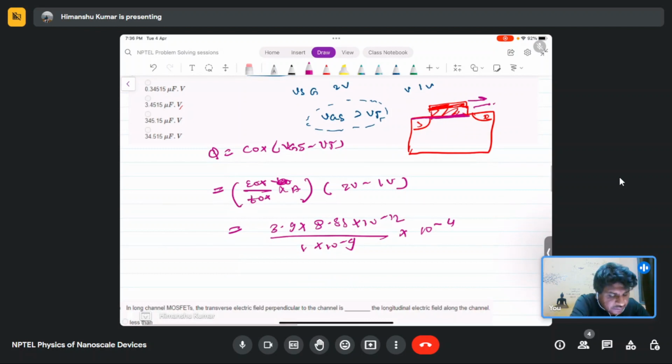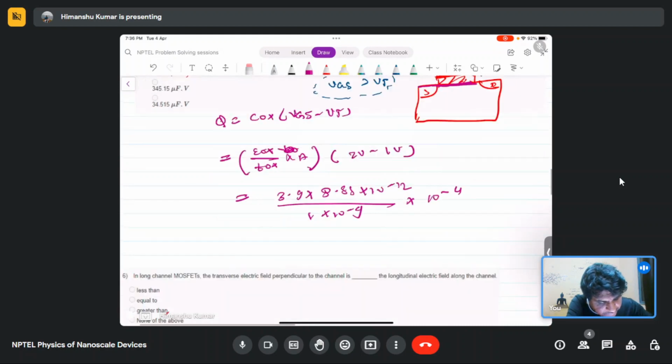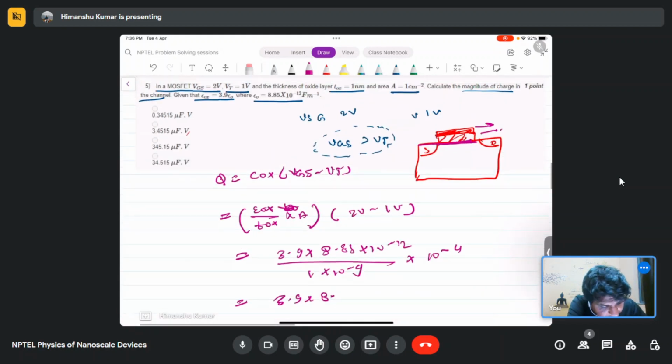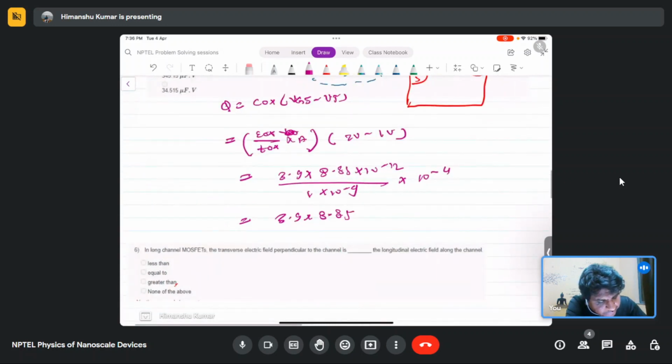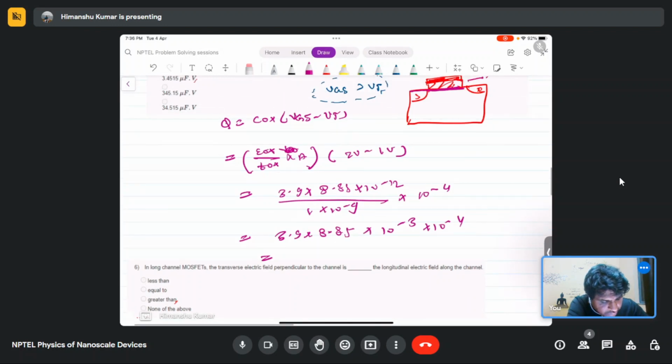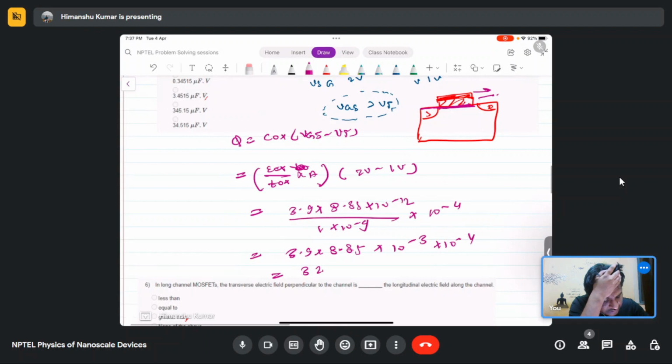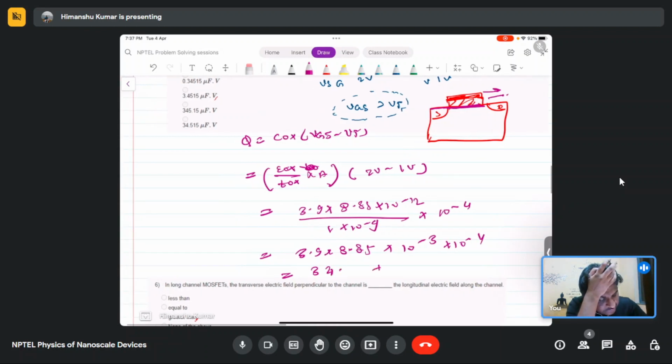Now if we simplify this, it will be 3.9 multiplied by 8.85, multiplied by 10 to the power, 9 minus 4 minus 3 gives 10 to the power minus 7, so 34 point something into 10 to the minus 7.